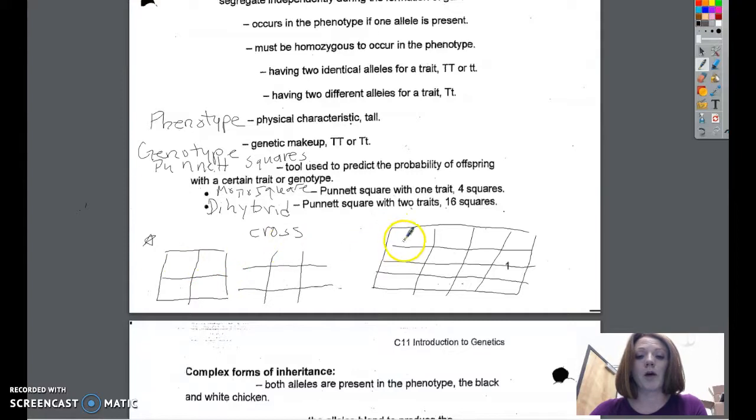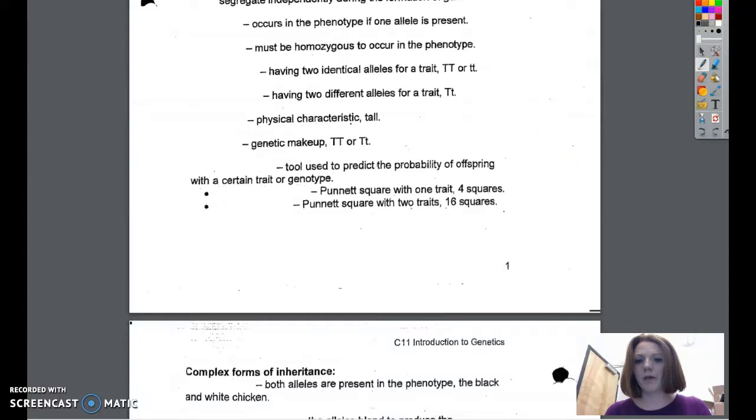So we're going to go over some examples of how we can look at Punnett squares. So let's see. I'm going to flip that. All right. So Punnett squares. Let's look at tall and short because that's super duper easy to look at.